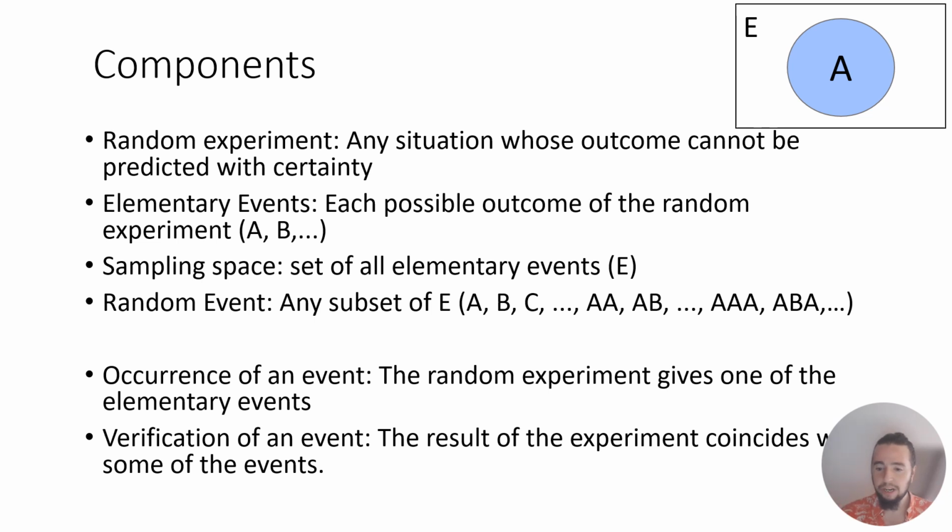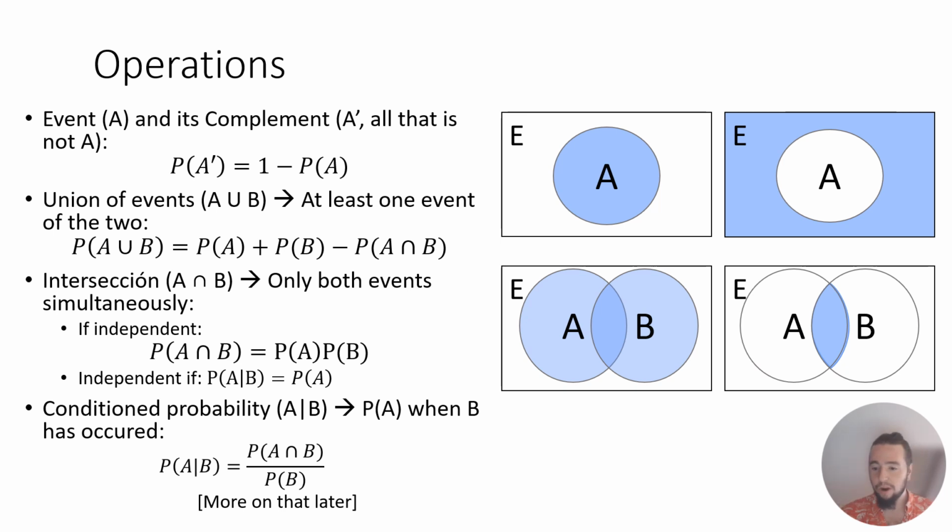Okay, so a really quick recap. We have random experiments, which are situations that cannot be predicted with absolute certainty. These random experiments have elementary events, which are things that could happen. The sampling space is the space where all of these possibilities can happen, and a random event is a subset of this sampling space. The occurrence of an event is that the random experiment is one of these elementary events, and the verification of an event is the result of this experiment coinciding with some of the events. When we have probabilities of something, then we can also do operations.